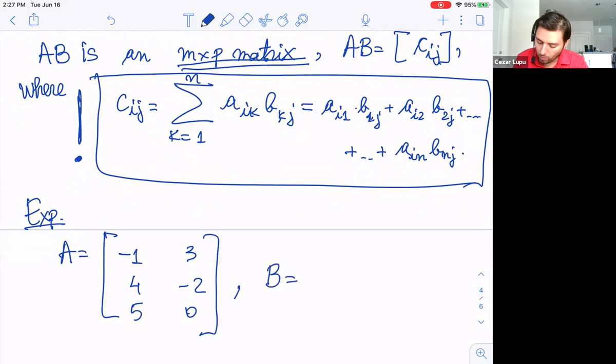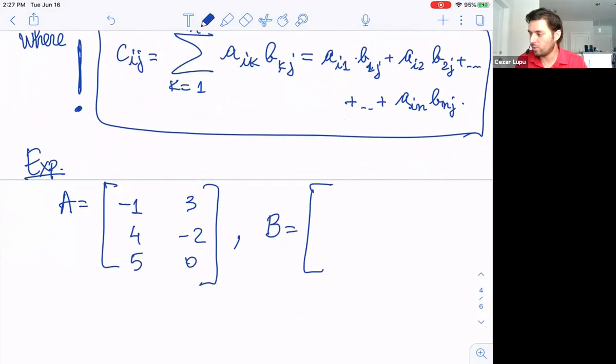And B will be, again, this is very important. How many rows do we have here? It's a 3 by 2 matrix, right? And so that we can make it possible for these two matrices to be multiplied, we need to take a matrix that looks a little bit like this.